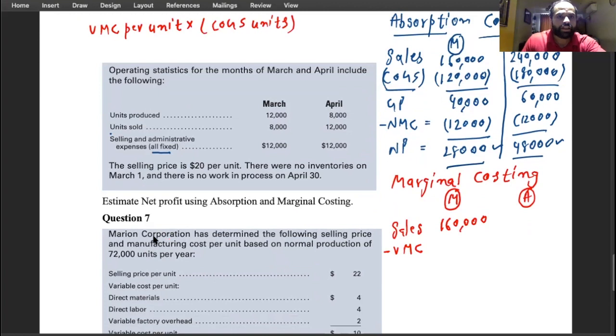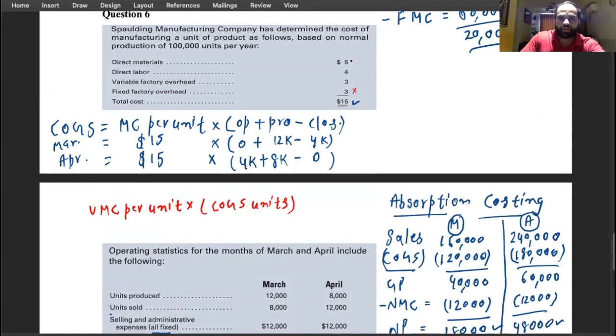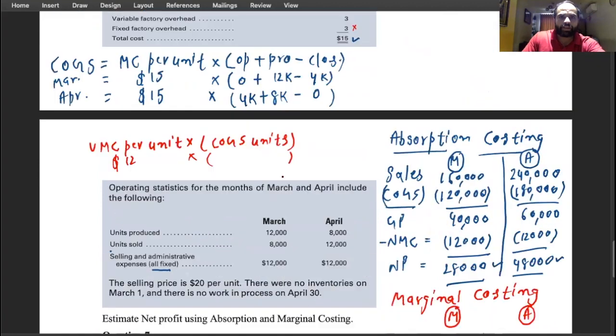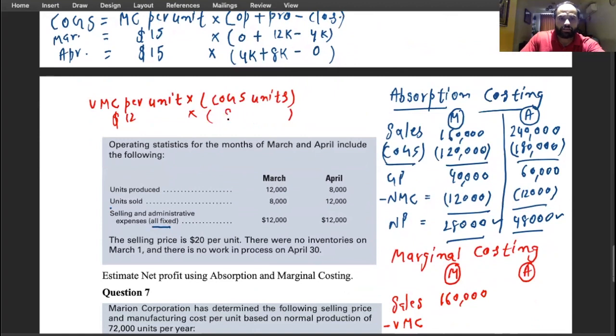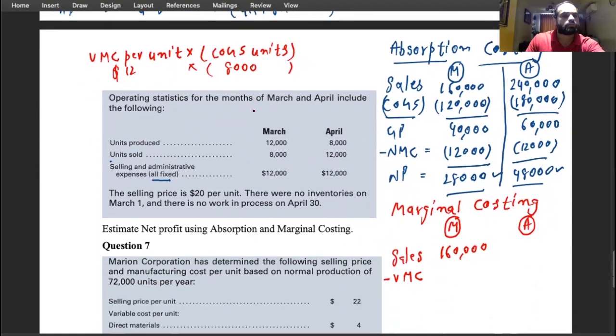How much is variable manufacturing cost per unit for March? 12. So 5 plus 4 plus 3 is 12. So $12 per unit multiplied by 0 plus 12 minus 4, which is 8,000. So 12 multiplied by 8 is 96,000.